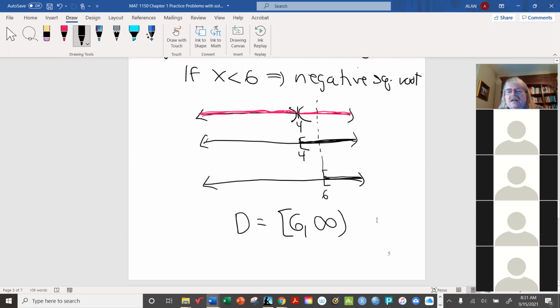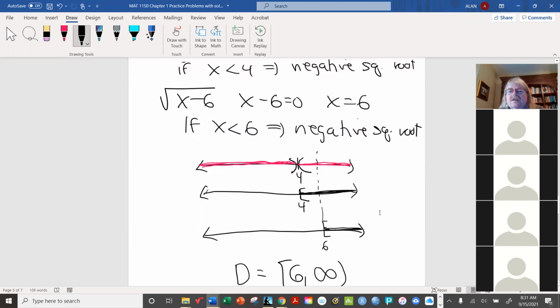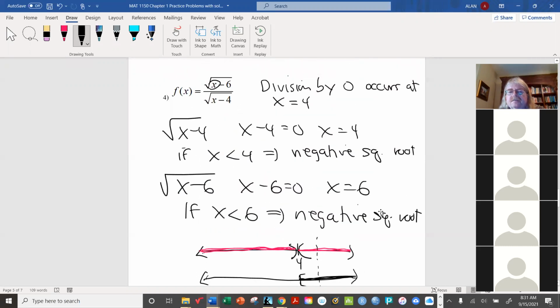So by consolidating all 3 of these, I can see clearly that I can allow the domain to be 6 up to infinity, and none of these restrictions are violated. So if I were to plug, for example, 7 in here, I've got a positive exponent, a positive numerator, a positive denominator, and I do not have division by 0.